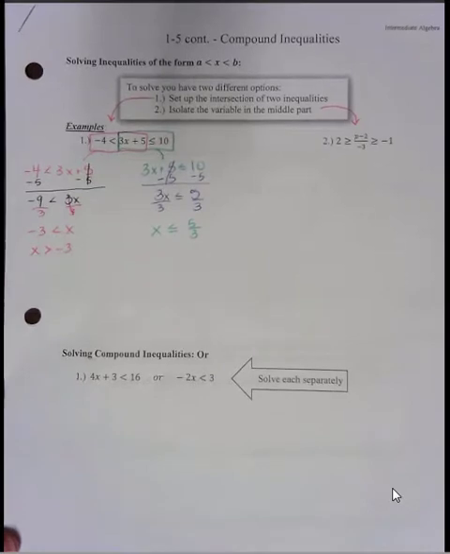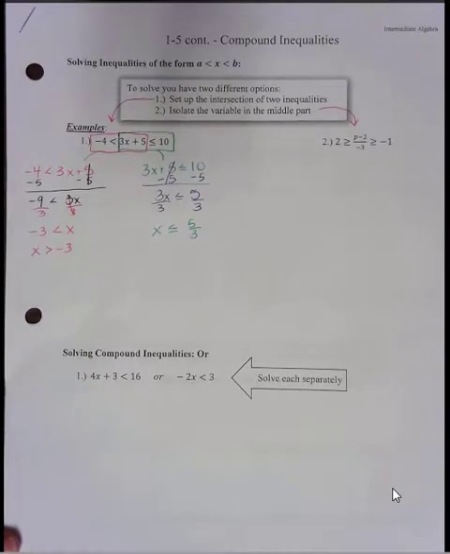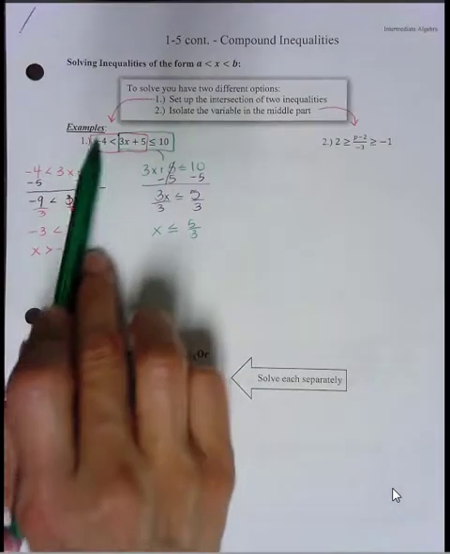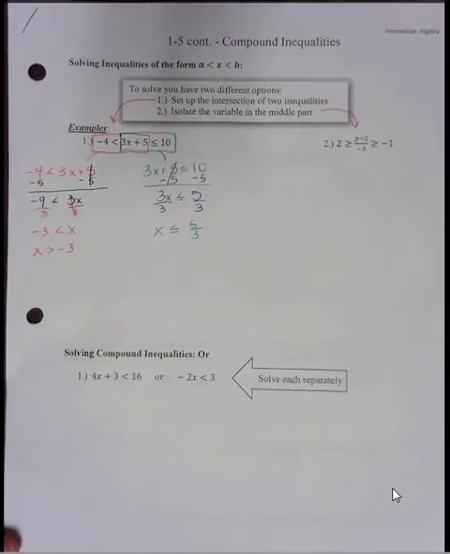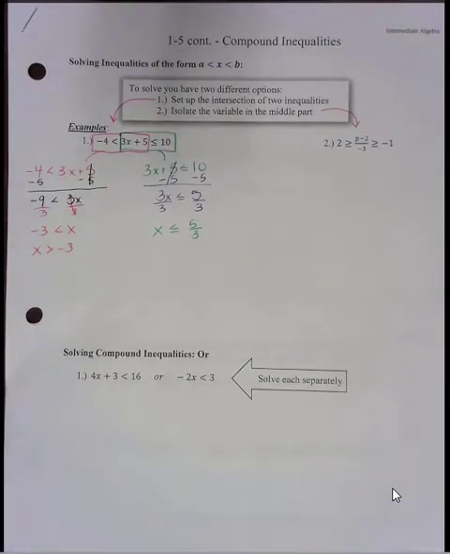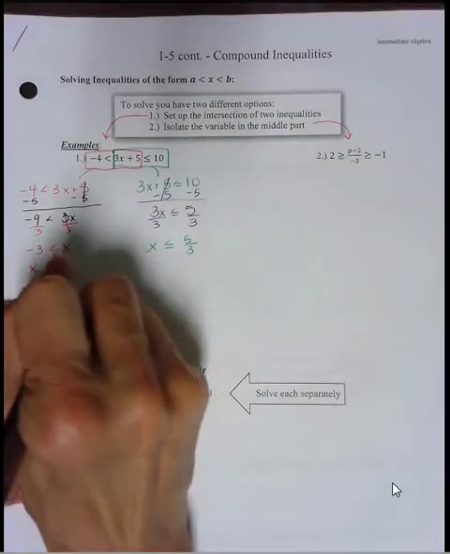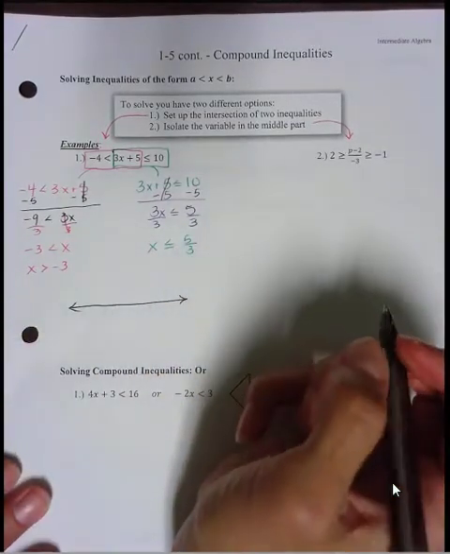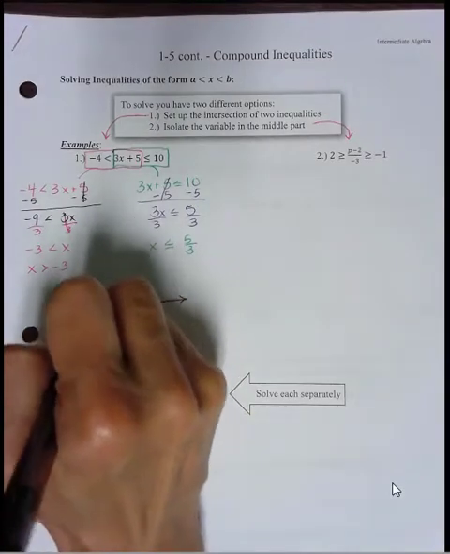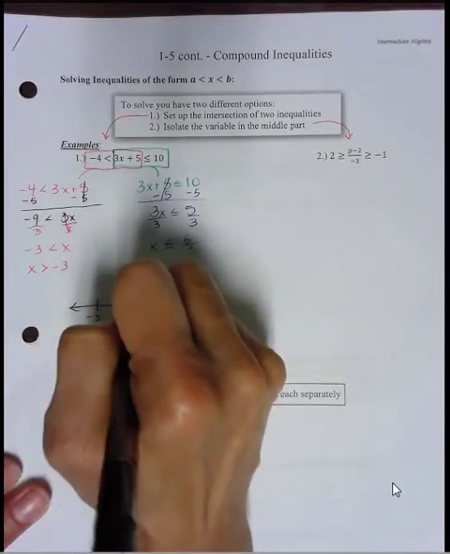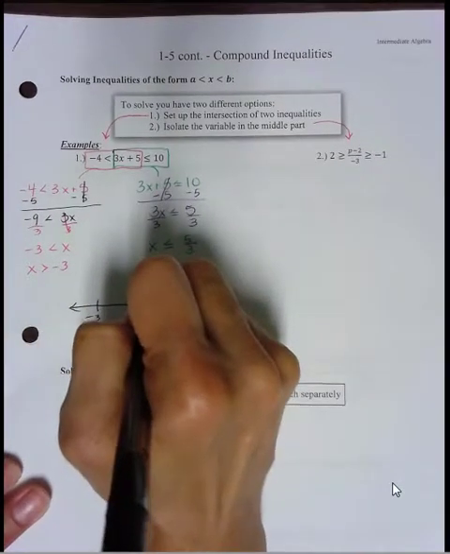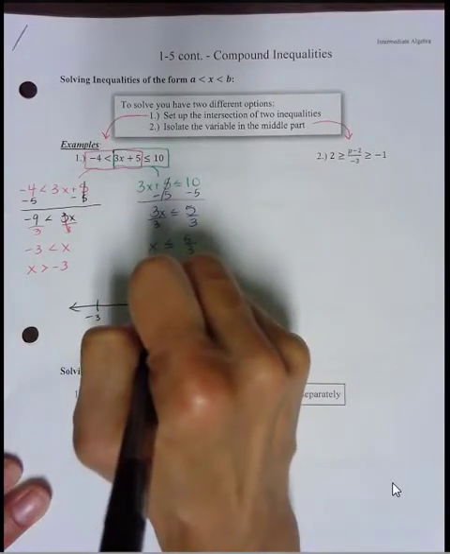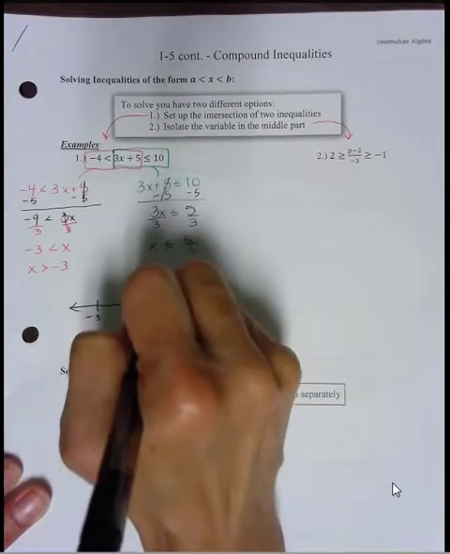and yes, fractions are perfectly fine. Okay, so then we're going to go ahead and graph each of those on a number line, and we have them connected, so this is like an and inequality. Okay, so we'll make our number line, and we have the point -3, and the point 5/3.